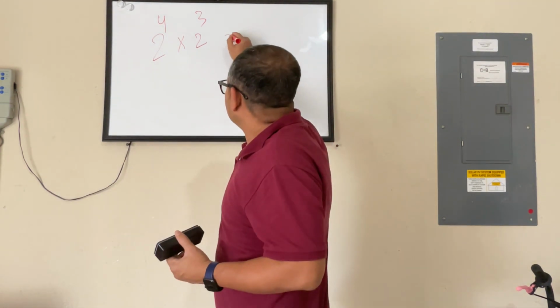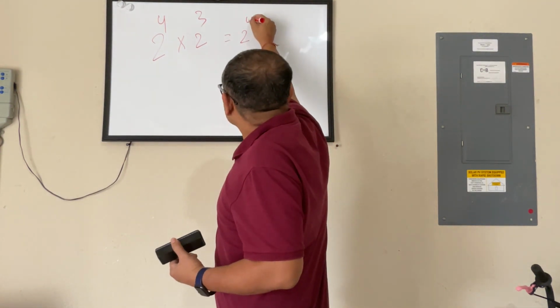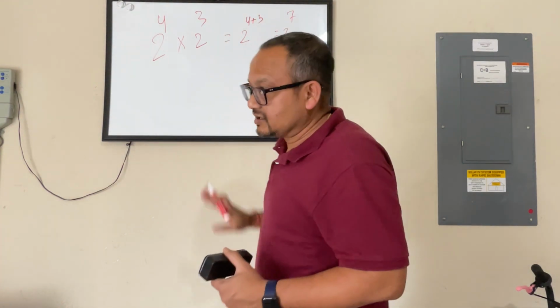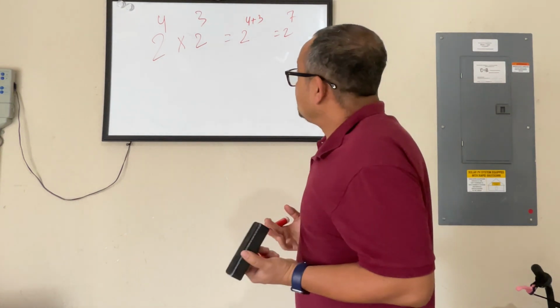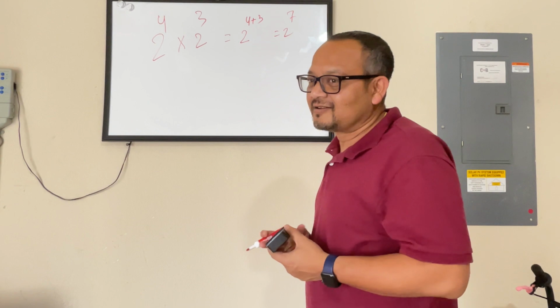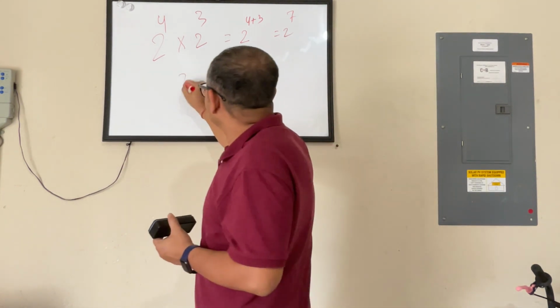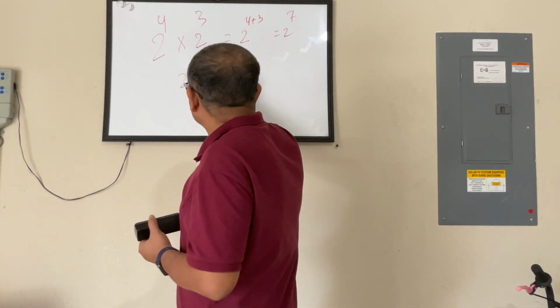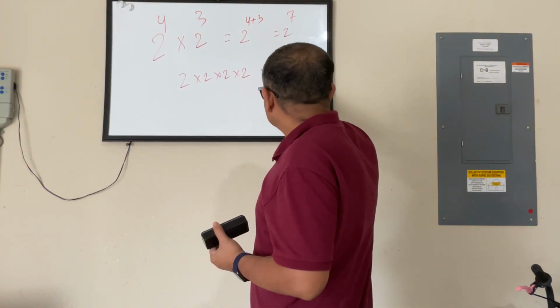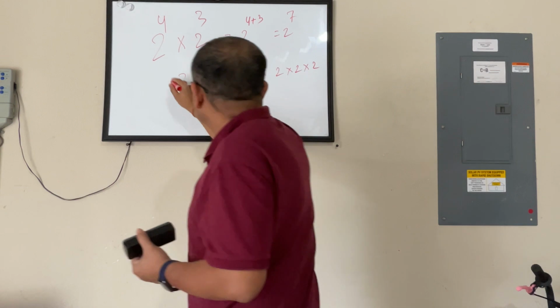Yes, we'll add the exponents, that is 4 plus 3. That will be 2 to the power 7. This is the right answer. Now, if I ask you why? If you write it out, you have 7 twos, 7 times. I think you know it quite well conceptually. That is why you are able to answer this.